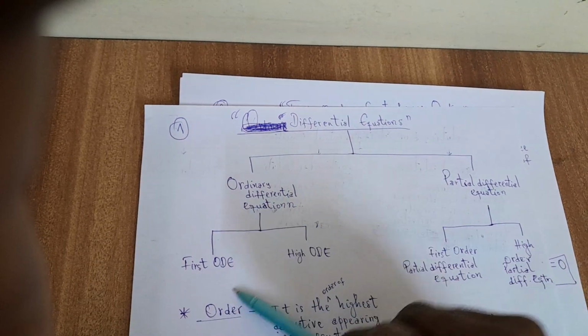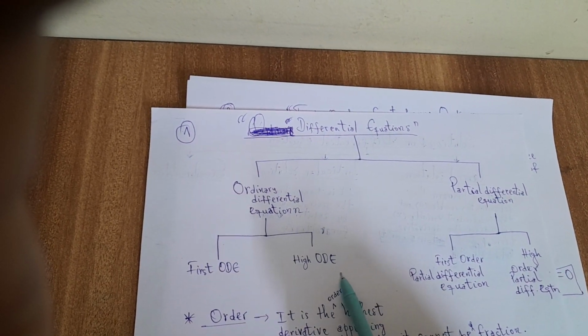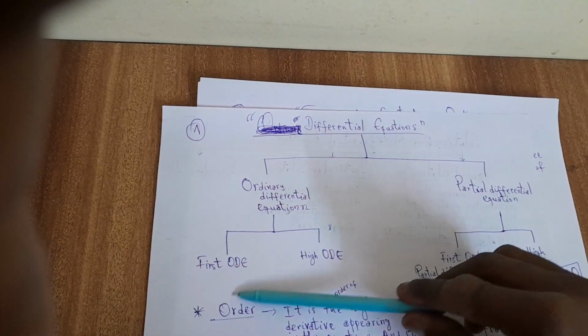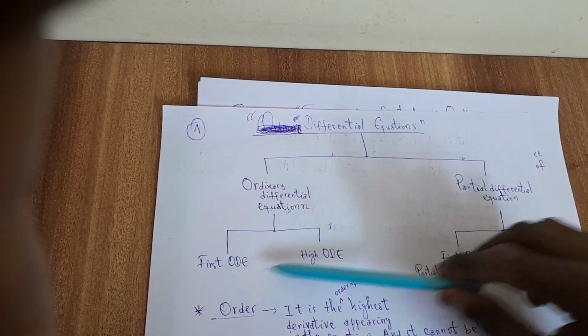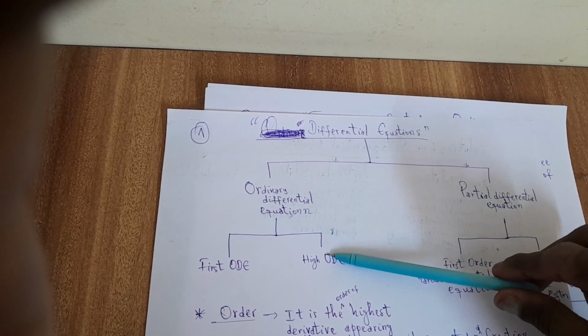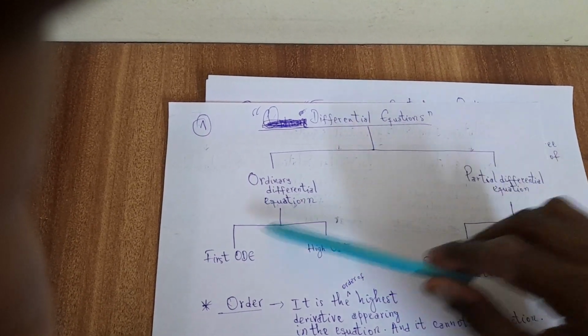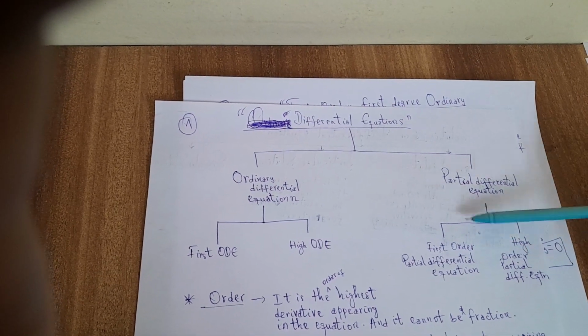Nice. And then we have first order differential equations and higher order differential equations. For these topics, as per our syllabus, we will be focused on these two parts. This one can be for next time.